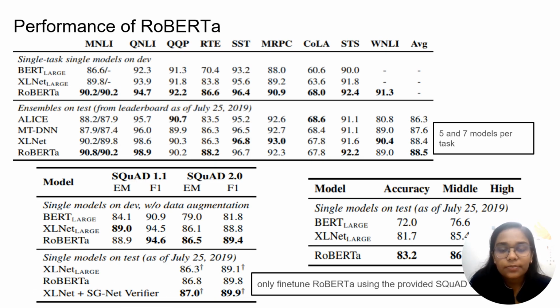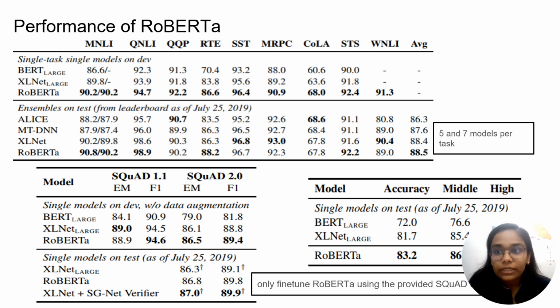Now let's discuss the performance of RoBERTa across the three benchmarks. Firstly, for GLUE, it is important to mention that for the development stage, the median of 5 individually trained models was taken as the final output, while for the ensemble, 5 to 7 models were trained per task.